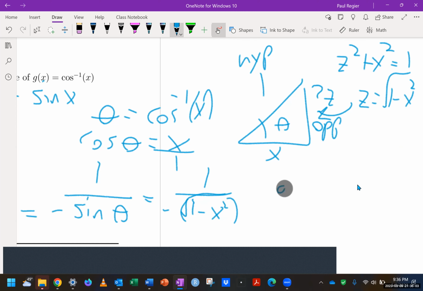So we could say g prime of x is 1 over negative square root of 1 minus x squared. Often we put the negative in front on the top. We can do that. There you go. That's the common way we'll see. This is the derivative of cosine inverse.